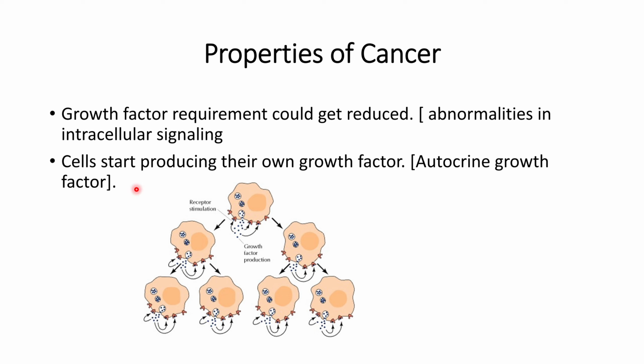The second possibility is that, because of abnormalities or mutations, cells start producing their own growth factor, so they are no longer dependent upon the surrounding environment for growth factor. This situation is called autocrine signaling, and it can be easily understood with the help of this diagram. This is the first cell, and it secretes its own growth factor, which is consumed by the cell itself.